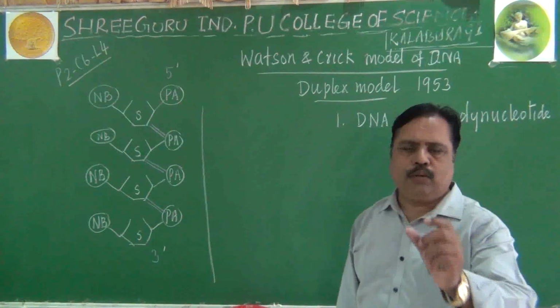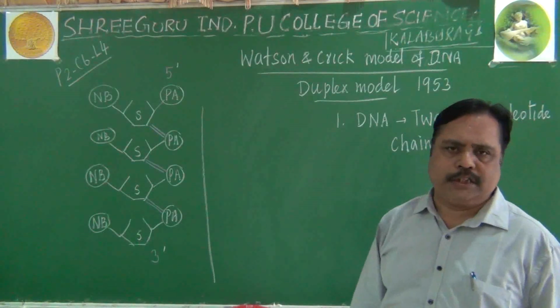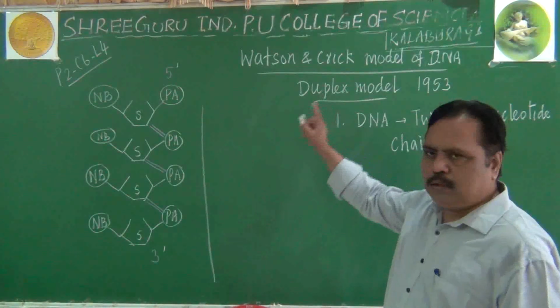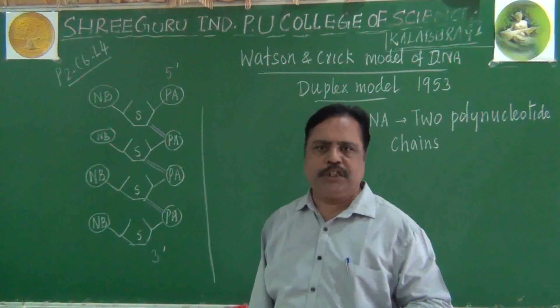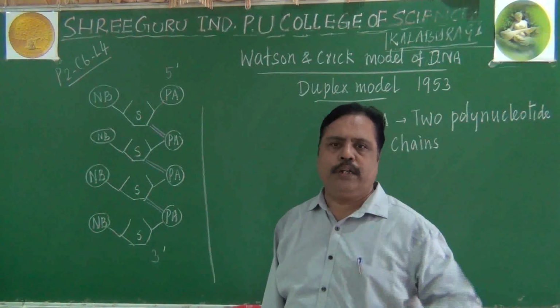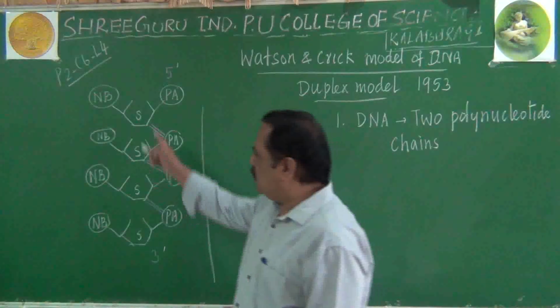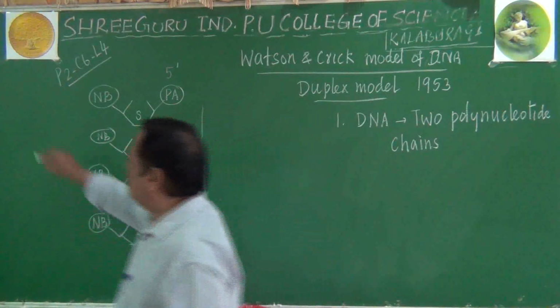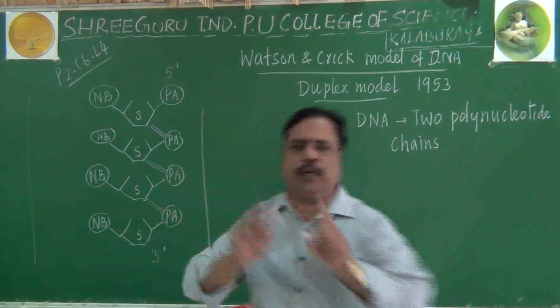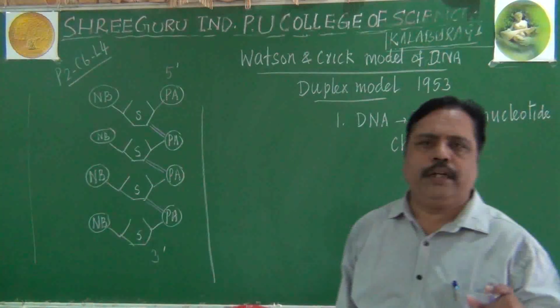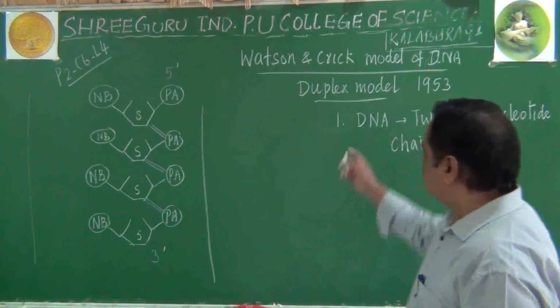That is the first point we have to remember in a DNA structure. So according to Watson and Crick, a DNA is not made up of one chain, it is made up of two polynucleotide chains. If we take this as one chain, there must be another chain here. So there are two polynucleotide chains according to Watson and Crick.